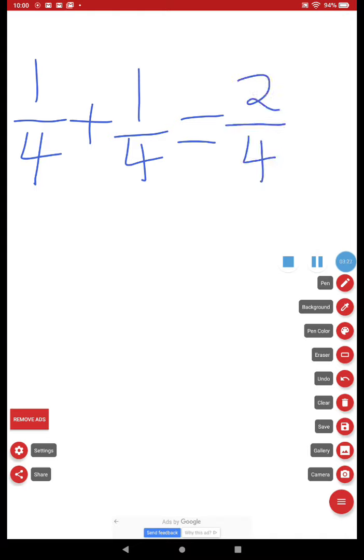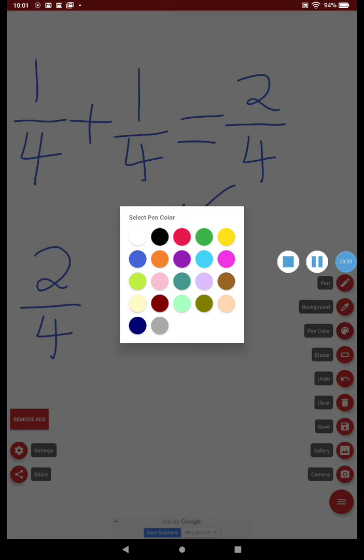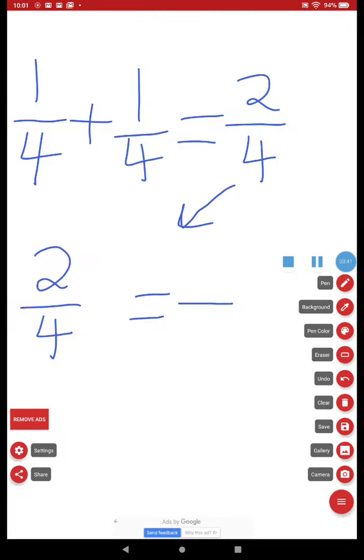Okay, but I'm not done yet, because remember, I have to express it in lowest terms. So I bring it down here. This is what we did last week. 2/4 equals what fraction? Well, what number can I fit inside of 2 and 4?